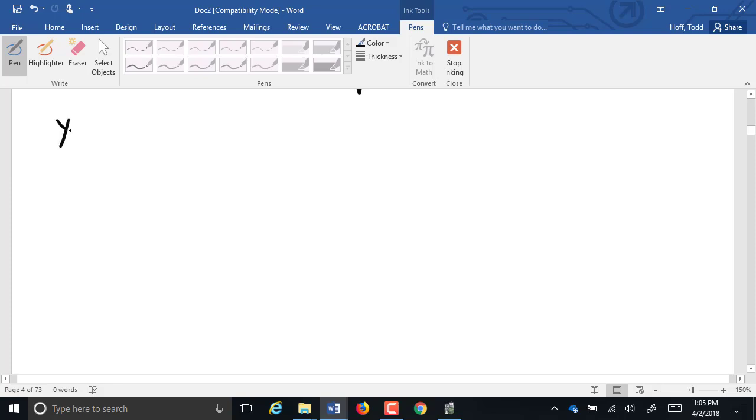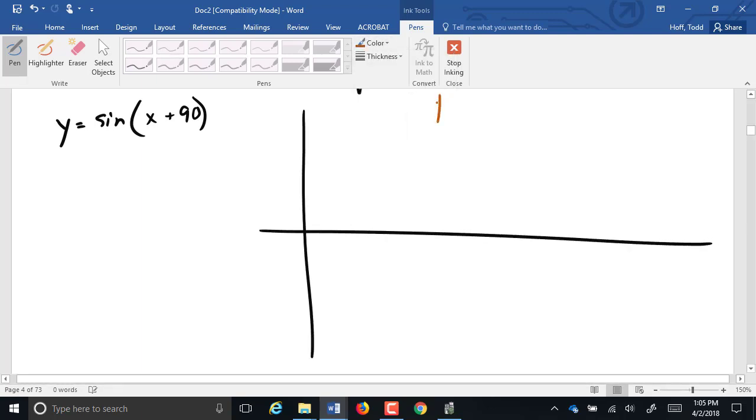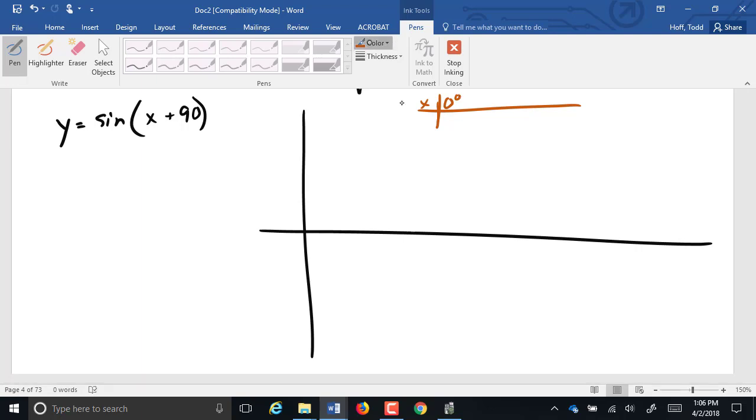How about this? What this basically means, going back to our table here, 0 degrees is going to behave like what? 90.